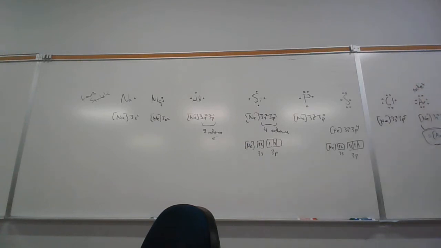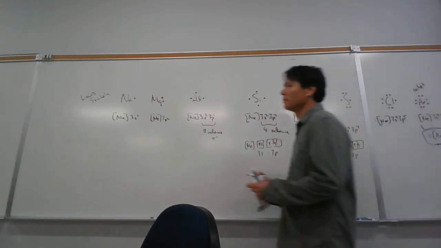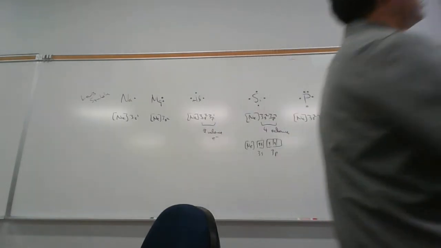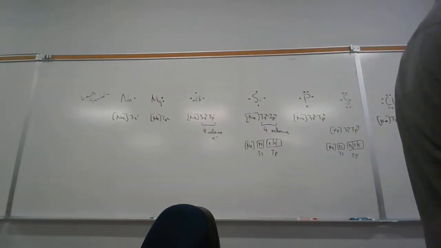To fill the valence orbitals is going to require an octet, 8 electrons, 2 for the S, 6 for the P. The octet is going to lead to stability once we fill that shell, but we don't want to break out that shell. So a full shell filled is quite stable. A subshell filled is really stable, but not as stable as a full shell.